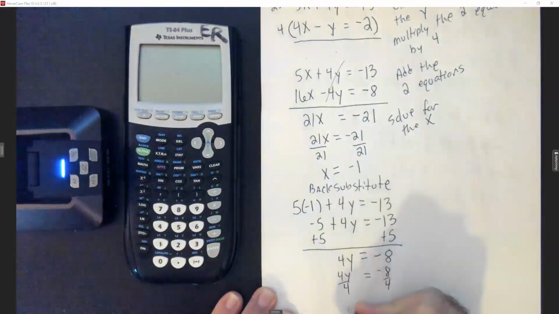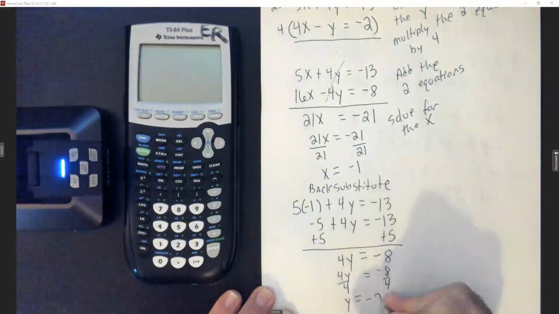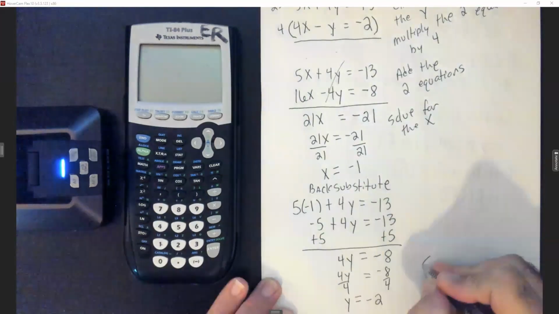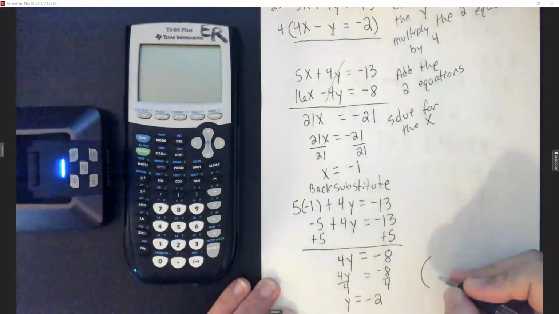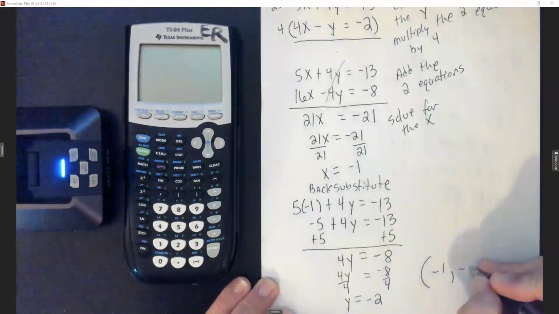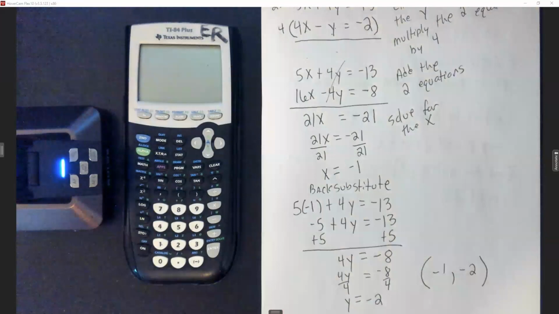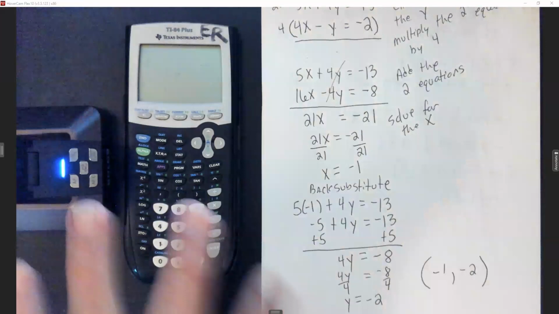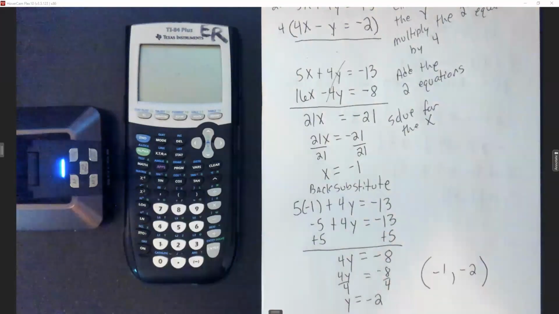And it looks like my y is going to equal a negative 2. So remember, when I put my answer in, I'm going to put my x first, which is a negative 1. And then my y value was a negative 2. So I'm going to do another one. I'm going to do this one on the calculator to get y'all more practice doing that.